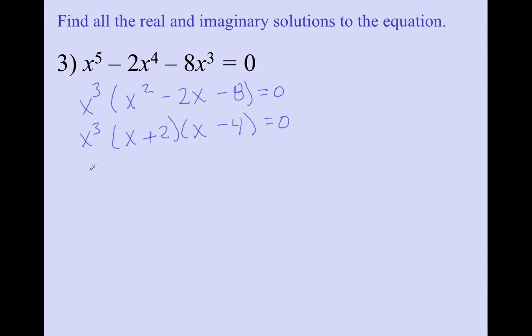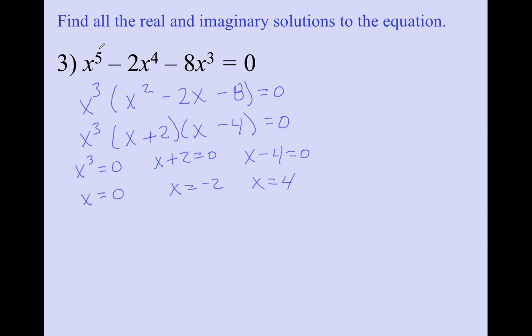Each one of these factors then gets set equal to 0. X cubed equals 0. X is equal to 0. X plus 2. X equals -2. And the last one is, okay, so my solutions are 0, -2, and 4.